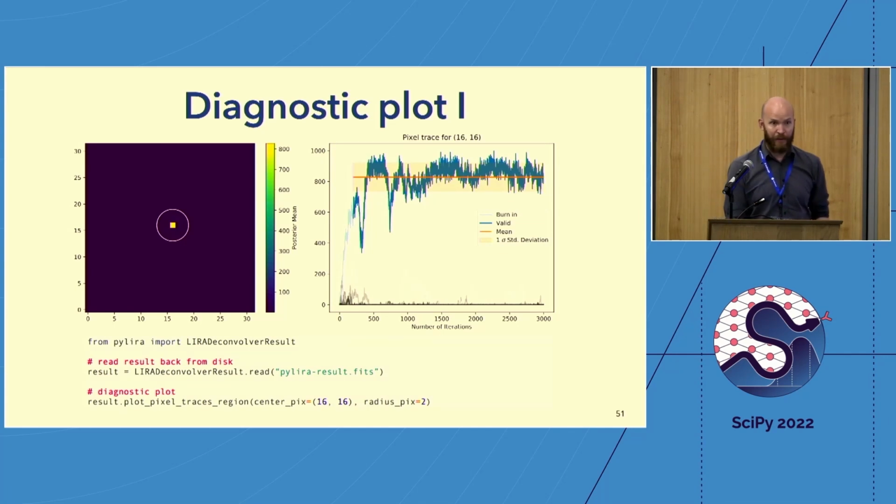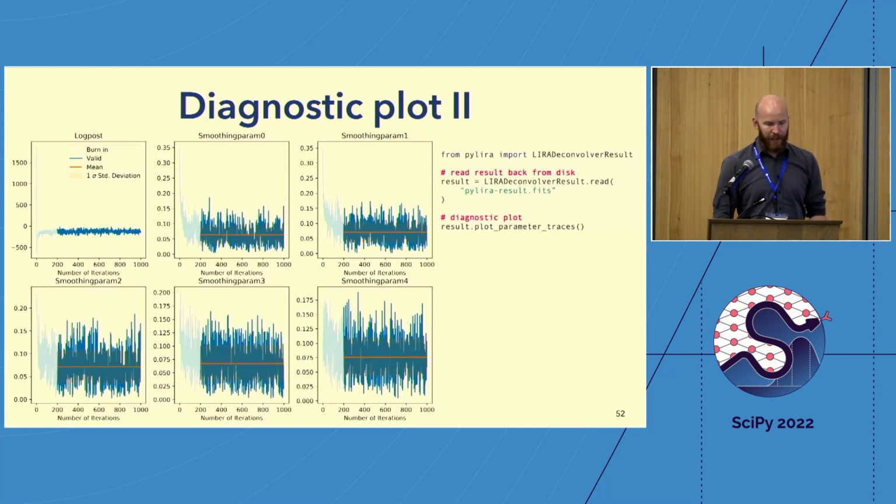And this way you can see, for example, whether there are correlations between neighboring pixels. Or specifically in this case, the burn-in phase was chosen to be, I think, 100 samples. But you can see that up to this point, the MCMC chain has not converged. And in this case, it would be wiser to choose a different burn-in phase. But this is what these diagnostic plots are useful for.